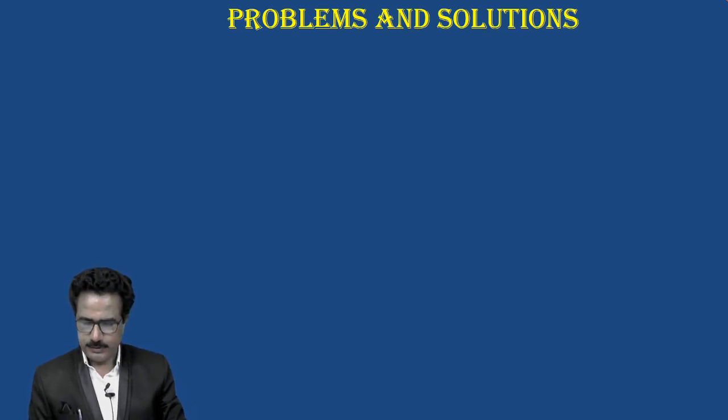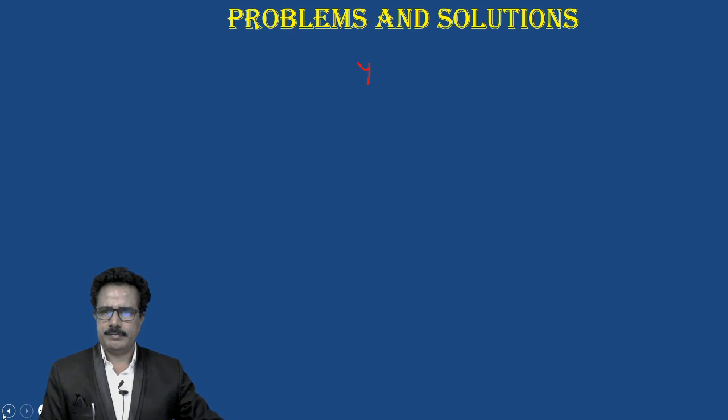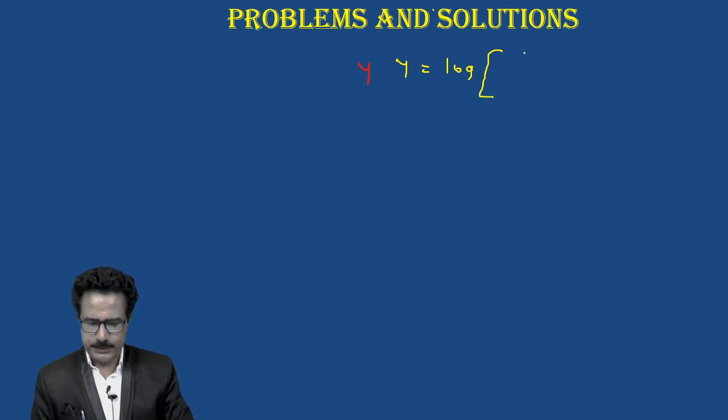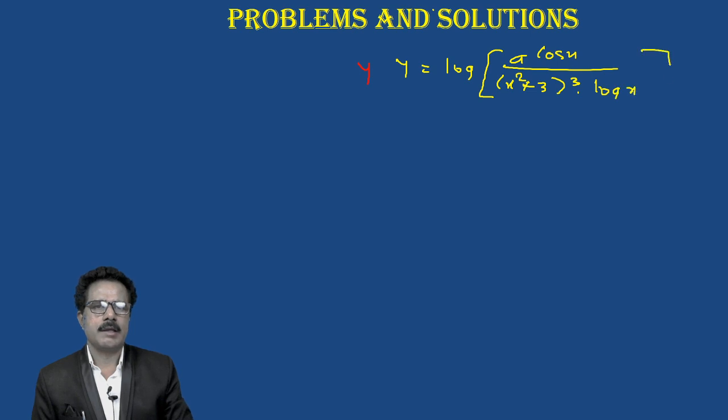Suppose that y equals log of a raised to cos x divided by x square plus 3 bracket cube into log x. y is equal to log of a raised to cos x.